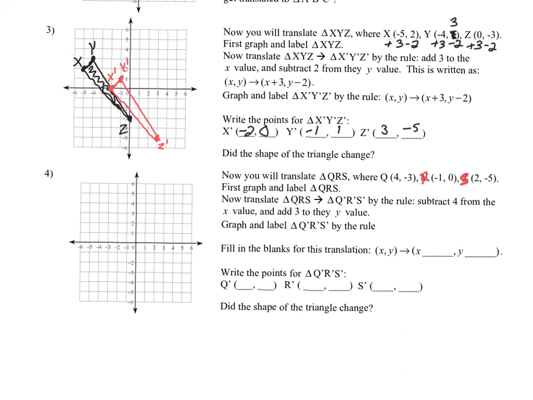Okay, so that we get Q prime, R prime, S prime. So do the same exact process. So I'll give you a hint. We're going to subtract 4 from every x value. So -4, -4, -4. And we're going to add 3 to every y value. +3, +3, +3.